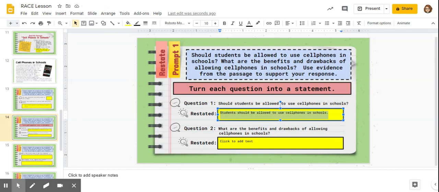Well, you would just say students should not be allowed to use cell phones in schools. Make sense? But for the sake of this paper, I'm going to say students should be allowed to use cell phones in school. Let's check it out.